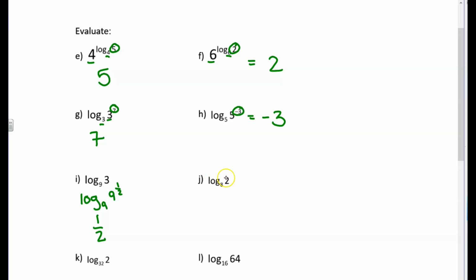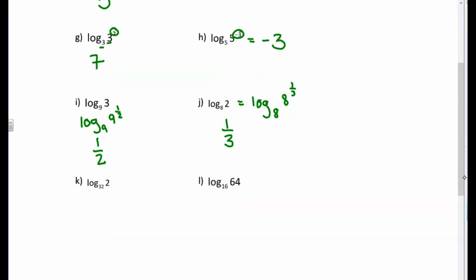And log base 8 of 2, well, you could also recognize that 2 is the same thing as 8 to the 1/3, because the third root of 8 is 2. So my answer here ends up just being the 1/3. And log base 32 of 2, well, we know that 2 to the 5th is 32, so log base 32 of 32 to the 1/5 is the same thing as 2, therefore my answer here is 1/5. These are all just shortcuts that we could use.